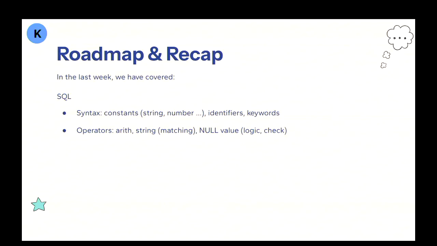However, there's a special case for this special value, that is the logic operator. Do you still remember the big table of logic operations? True or true results in true, true or false results in true as well, and true or null results in true as well.